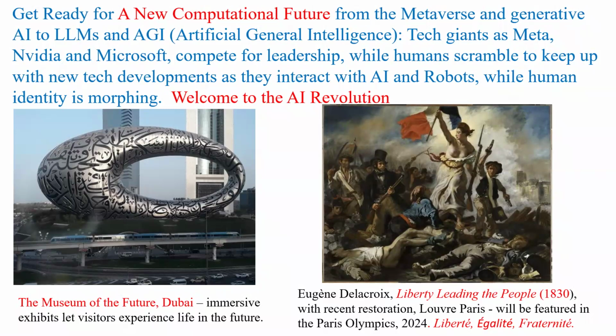Welcome to the AI revolution. The new thing: everyone predicted, oh, AGI, that's not coming for 50, 60 years, 100 years, but now it's supposed to be 2027. It's like around the corner.